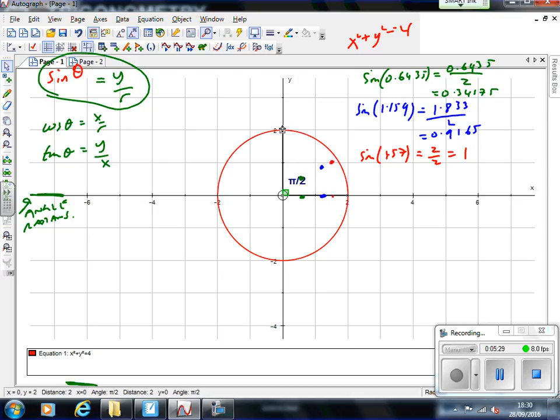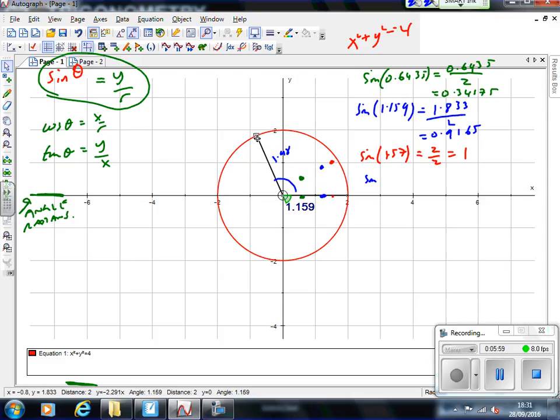The computer does something a bit dodgy here. It's giving us the smallest angle between the x-axis and the radius. So we'll have to do pi subtract our angle displayed here. So let's make it a bit more obvious. 1.159. So pi subtract 1.159. So actually the angle I've gone round is 1.98.